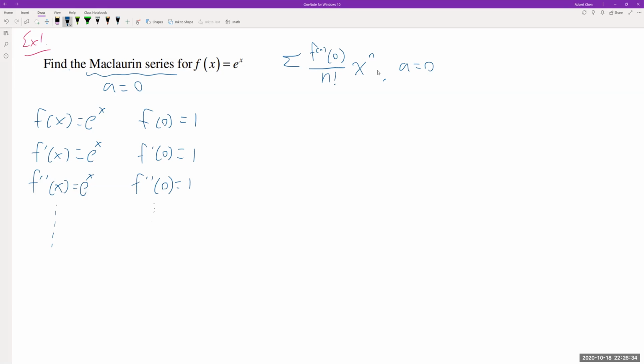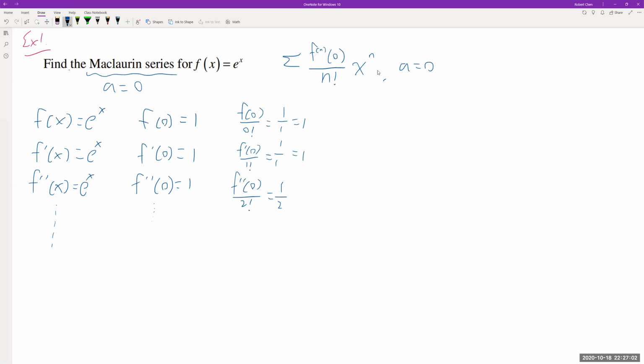Then we look at the coefficient, which is f of 0 over 0 factorial. So that's 1 over 1, which is 1. f prime of 0 over 1 factorial, that's 1 over 1, which is still 1. f double prime of 0 over 2 factorial is equal to 1 over 2.